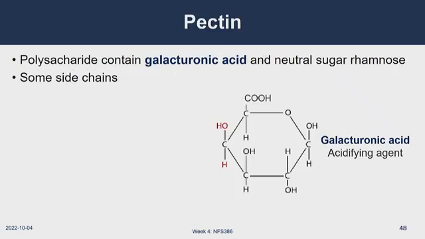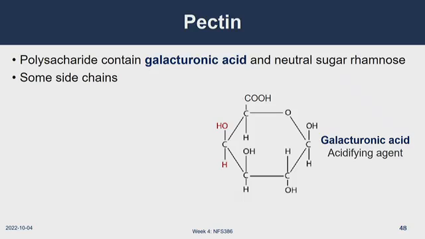These are polysaccharides. They contain galacturonic acid, so this is the structure of the galacturonic acid, an acidifying agent, and a neutral sugar, rhamnose. I didn't draw it here, but the pectin is usually a very long chain of galacturonic acid, with molecules of rhamnose randomly dispersed inside, and sometimes a ramification.